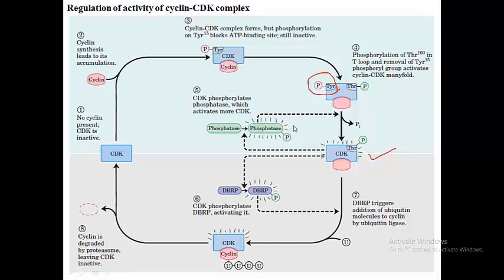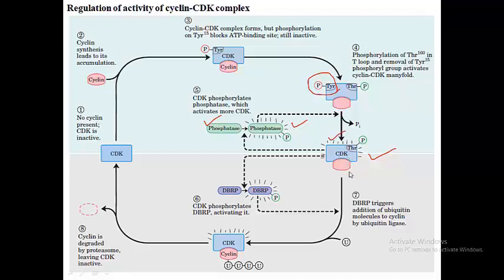This activated phosphatase enzyme comes from the phosphatase group present in the cell. This phosphatase enzyme is activated to activated phosphatase in the presence of activated cyclin CDK complex.